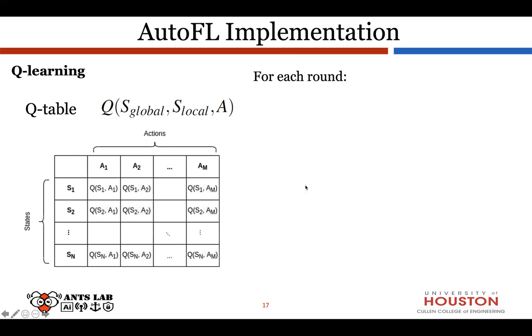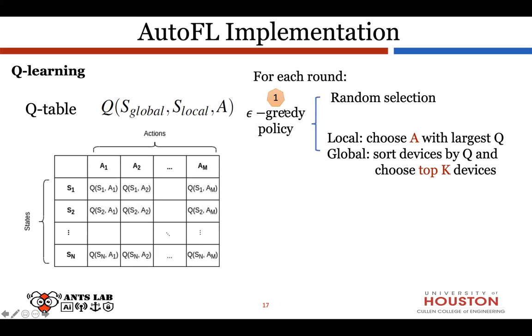Let's see the implementation detail of their algorithm. For each round, we firstly use the epsilon greedy policy to choose the action. Epsilon greedy policy means with the probability epsilon, we select the actions randomly, and otherwise we will select the action according to this Q table.